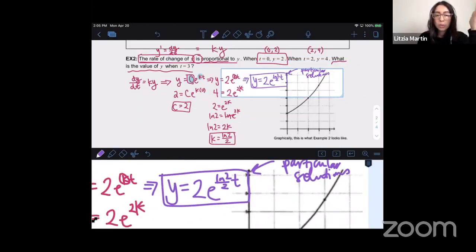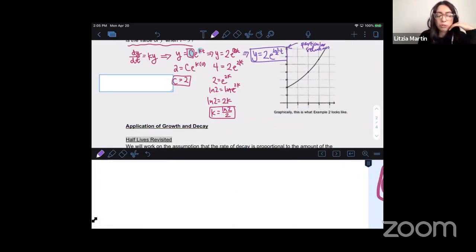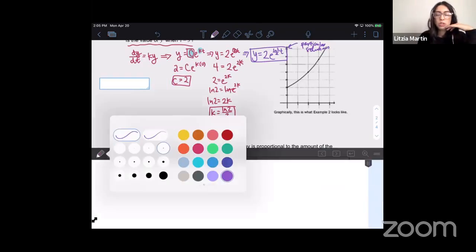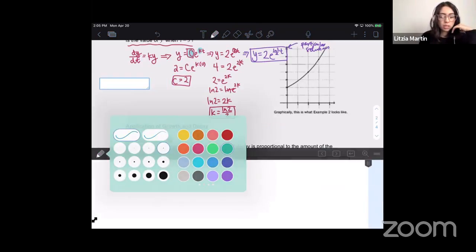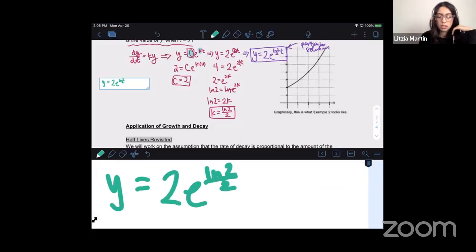Finally, now we can plug in that t value, t equal to 3, to be able to solve for y. And from here on out, we could plug in whatever value for t we want and solve for y. But in this case, I'm going to plug in ln 2 over 2 times 3.